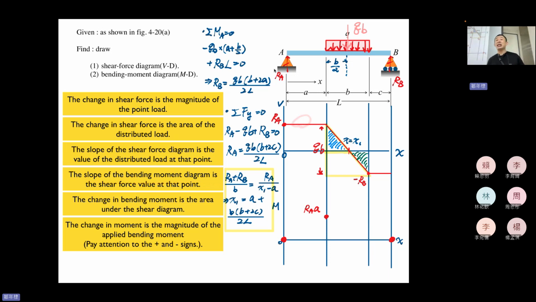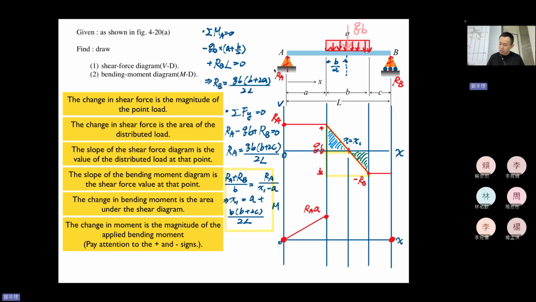So it will be like this, no problem. Then we notice that we have another section, because the shear diagram has one more section, because it changed the conditions.